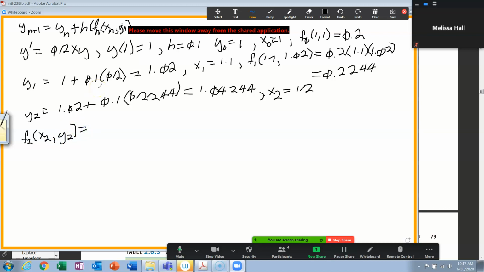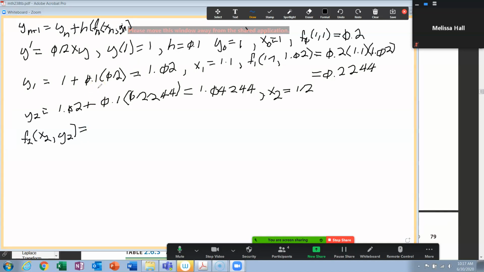Plugging in, it's 1.042244 times 0.2 times 1.2.